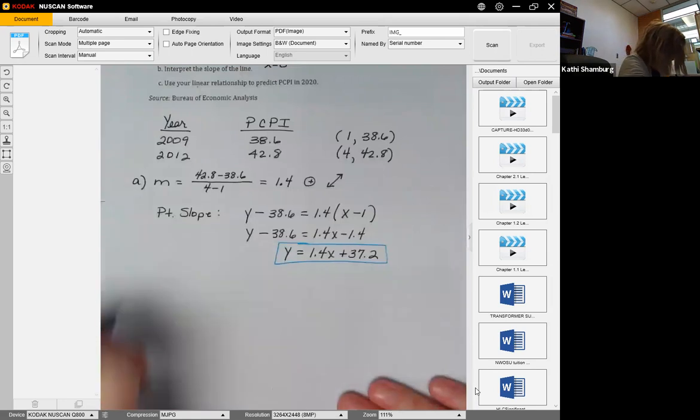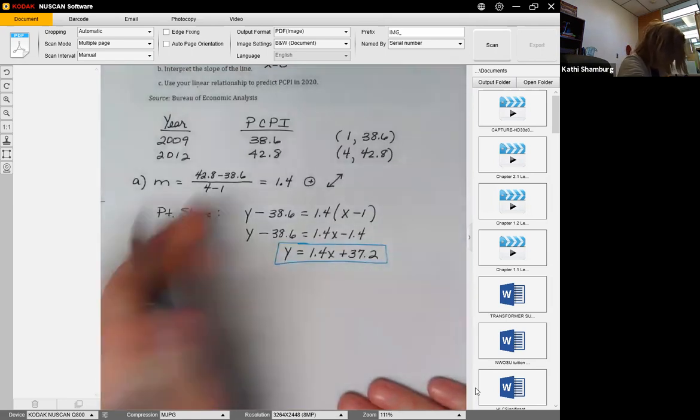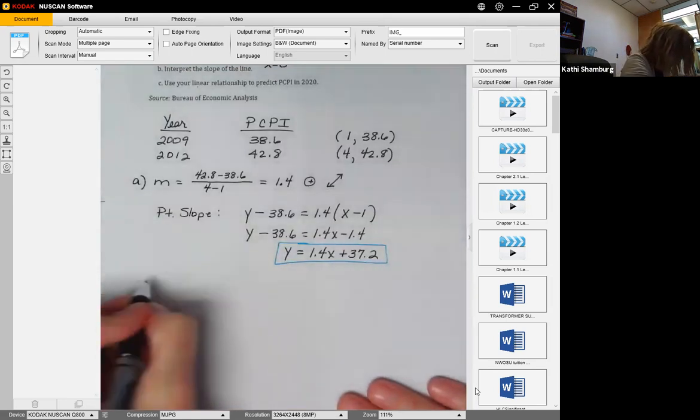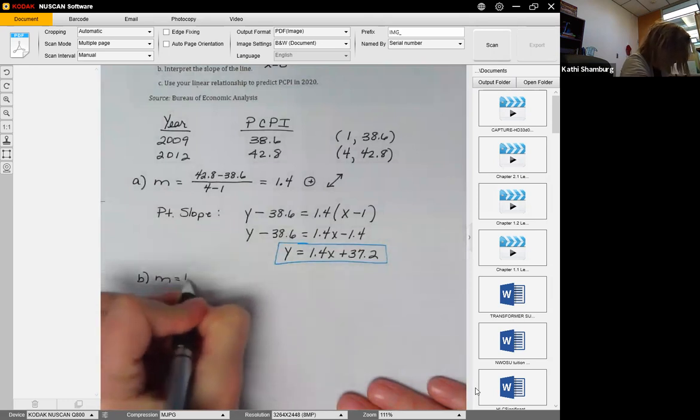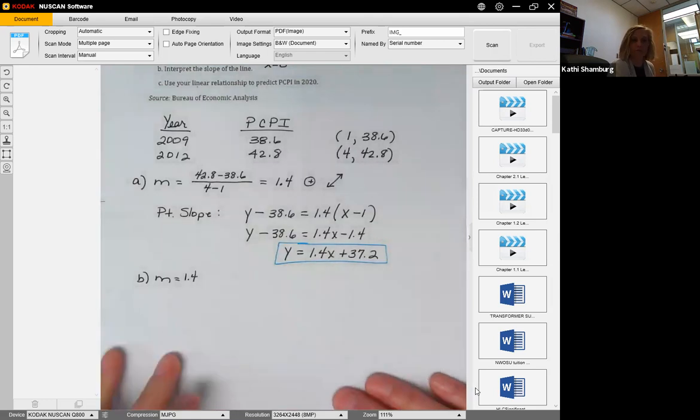So B, interpret the slope of the line. All right, so in part B, we know that we calculated the slope to be 1.4.